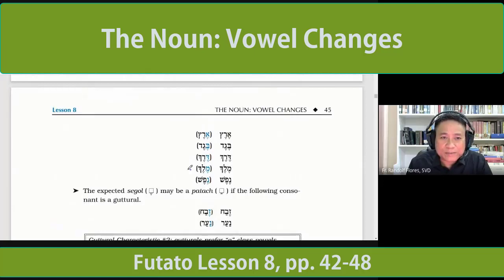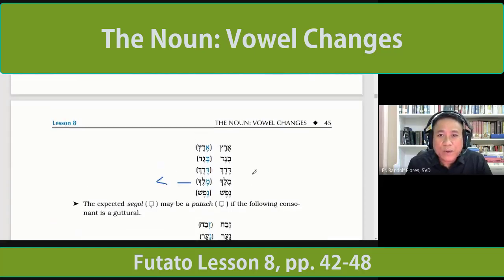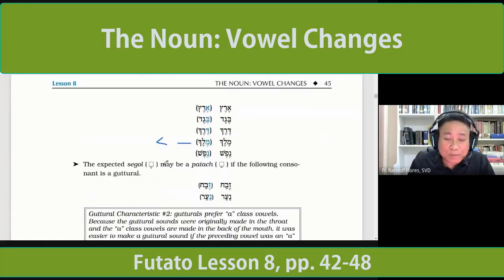Melek. When you form the plural, I will reduce the vowel, from the segol I will make it a shewa. I reduce it. Propretonic reduction. Me, then, however, according to the rule, this will be an open syllable.